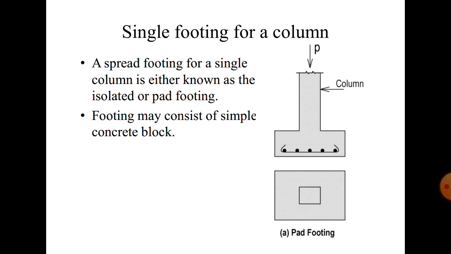In this case the footing may consist of a simple concrete block projecting out from the column face on all sides, and the base dimension of the concrete base should be less than twice the appropriate lateral dimension of the column in that direction. The thickness of the concrete block should at least be equal to one side offset from the column face.